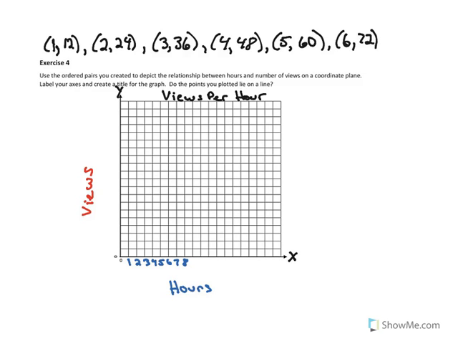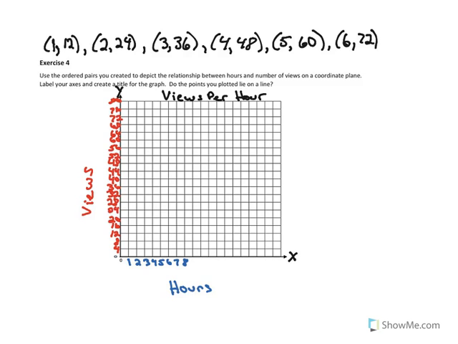So what's suggested is that we do increments of 4. So that would be 4, 8, 12, 16, 20, and then so forth. Why don't you go ahead and do yours, and then I'll do mine, and we'll check back.